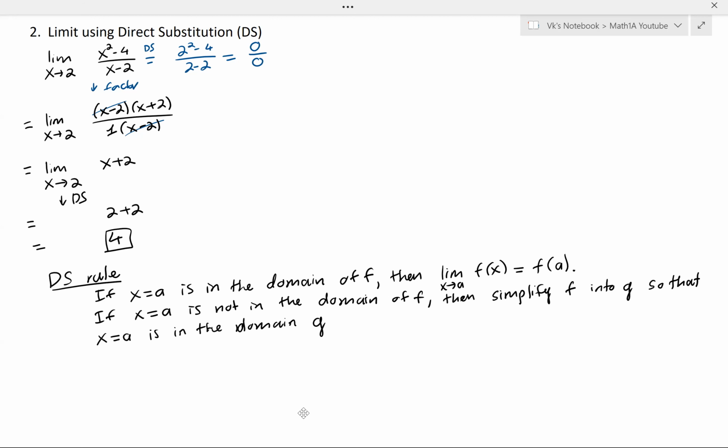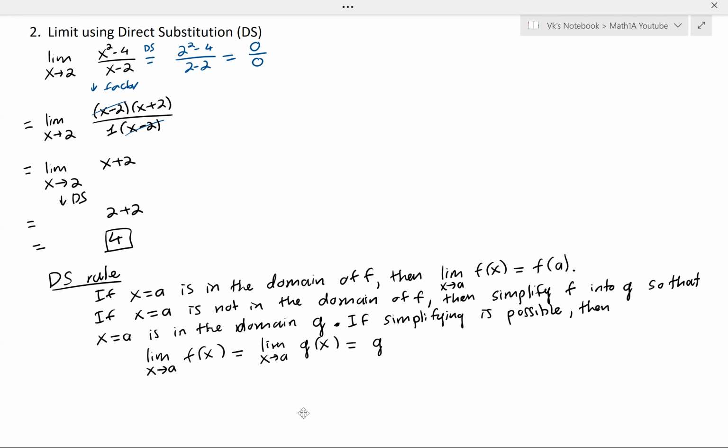If that is possible, if simplifying is possible, then the limit as x approaches a of f(x) is the same as the limit as x approaches a of g(x), and that is g of a. Beautiful.